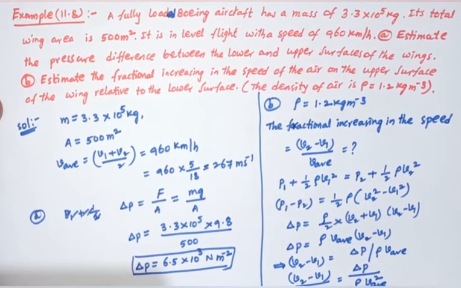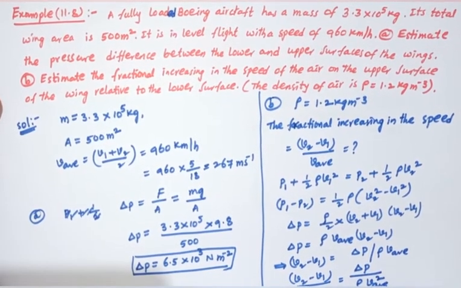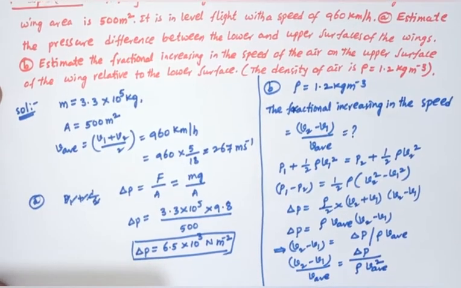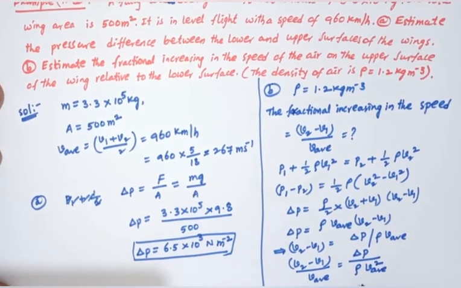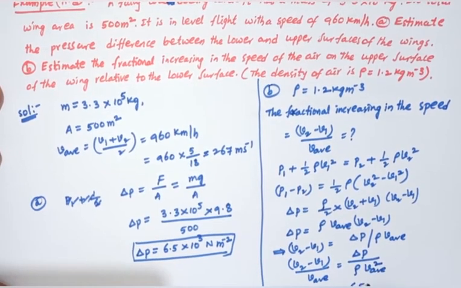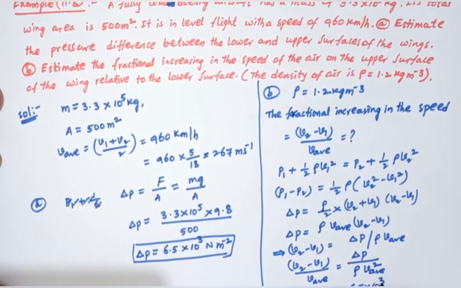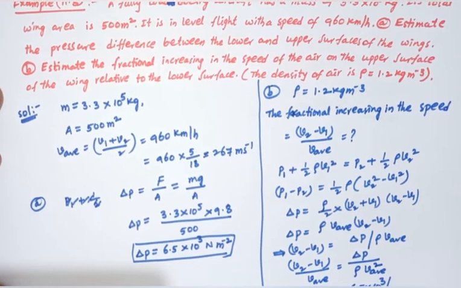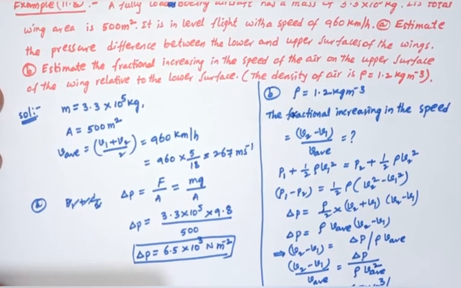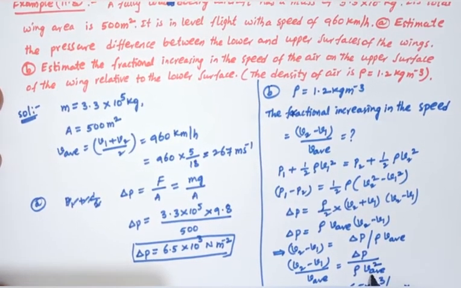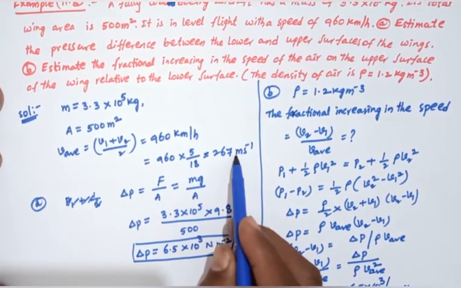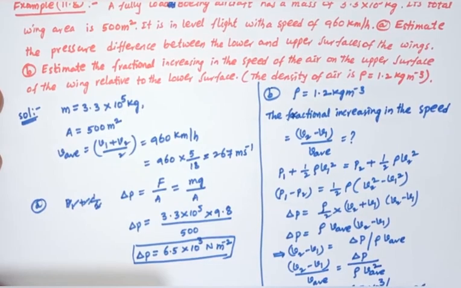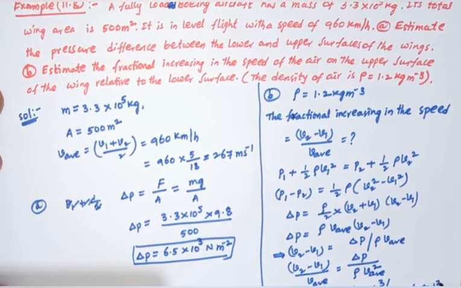Delta P is 6.5 into 10 to the power of 3, divided by rho equals 1.2 into V average 267 whole square.